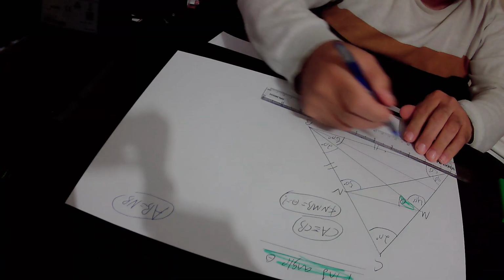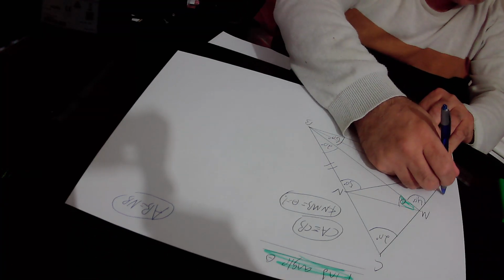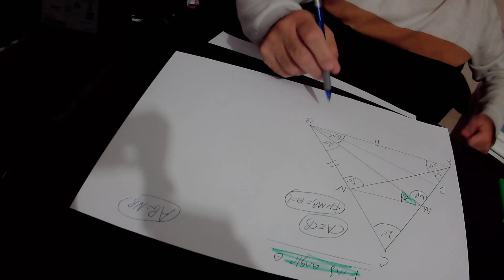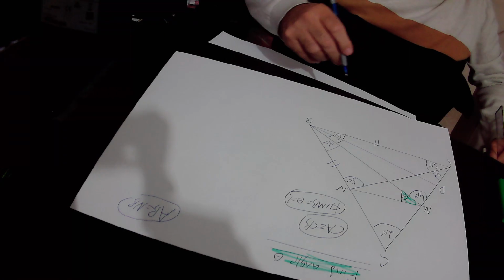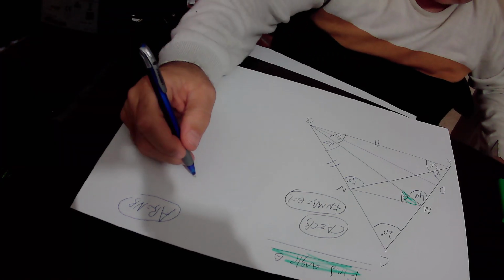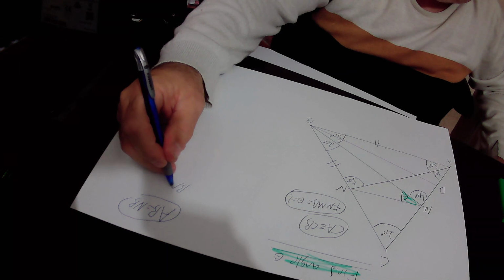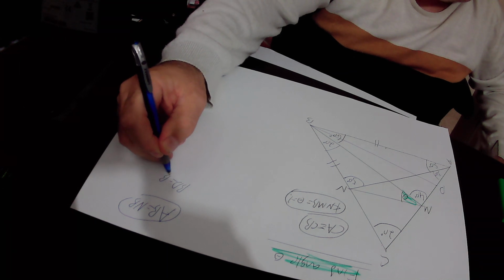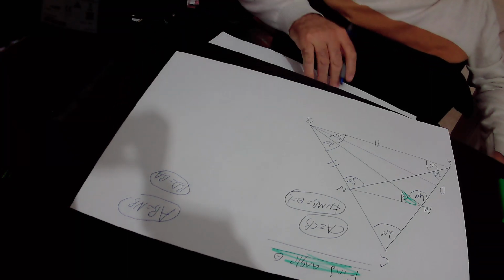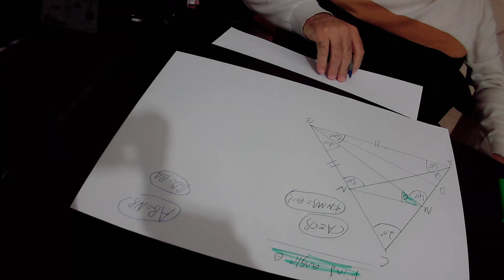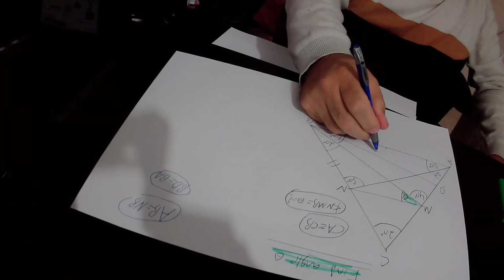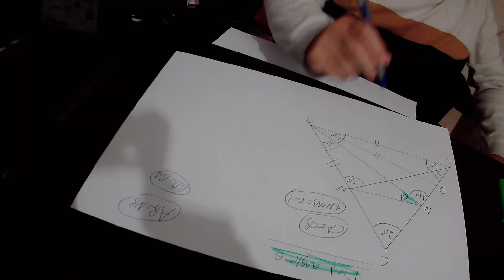So we write it down: BD equals BA, side BD equals side BA.